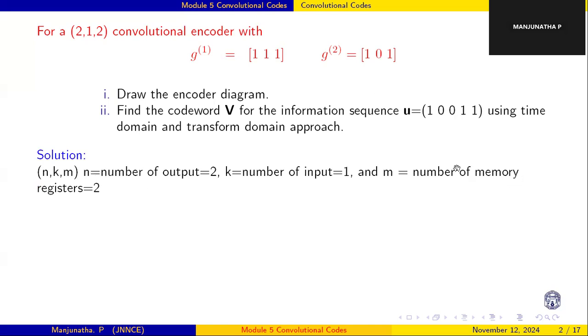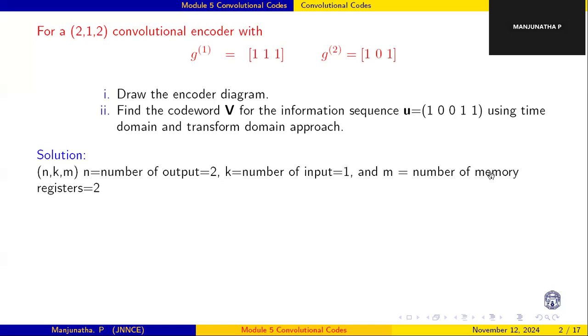So this description gives some information: this encoder has two registers, one input and two outputs. Two flip-flops are required, two XOR gates are required for the two outputs, and there is only one input.